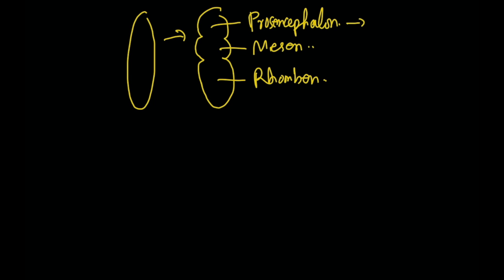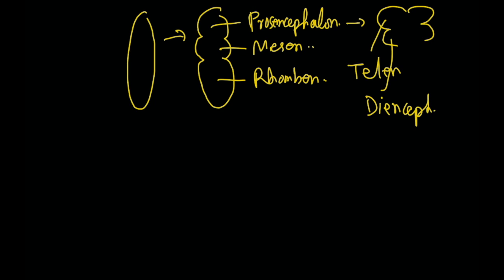So this prosencephalon is going to form into two more parts, the telencephalon and the diencephalon. So this diencephalon is our concern, and this is going to form the retina, right?